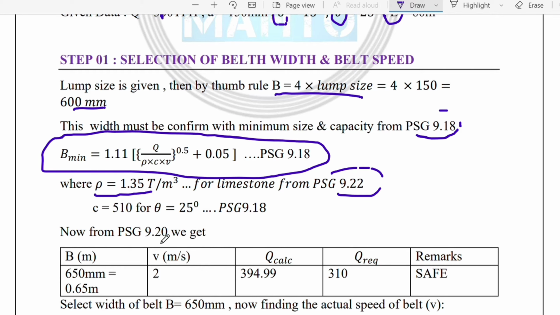Next is from PSG 9.20. Go to PSG page number 9.20, where there is a table of allowable belt conveyor speed in meter per second. From that table, 600 is the minimum size, so take the next value, which is 650 mm.